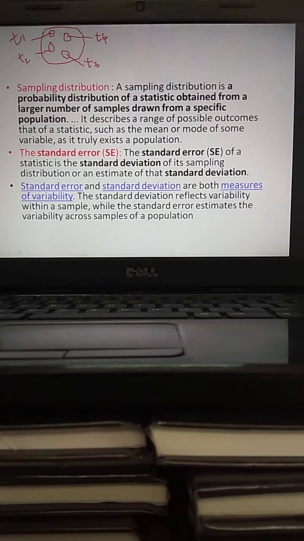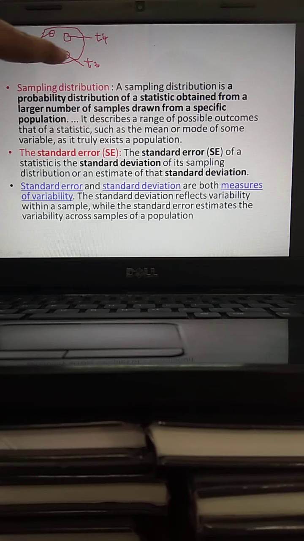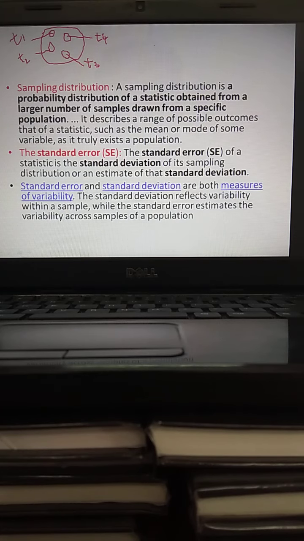Both standard error and standard deviation explain the variability of the data, but what kind of variability does the standard error explain? Variability across the samples. Between all the samples, what kind of variability is there? If more variability is there, that information is not at all suitable for statistical analysis.